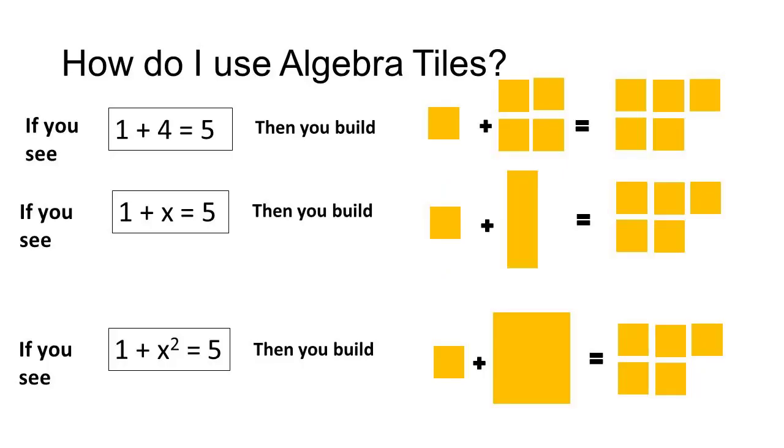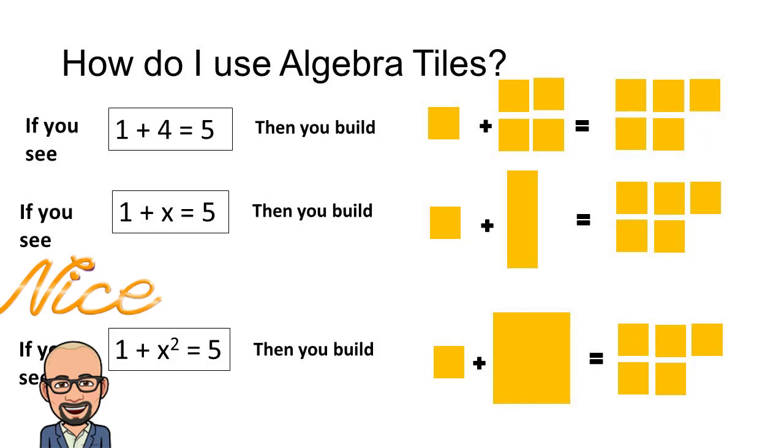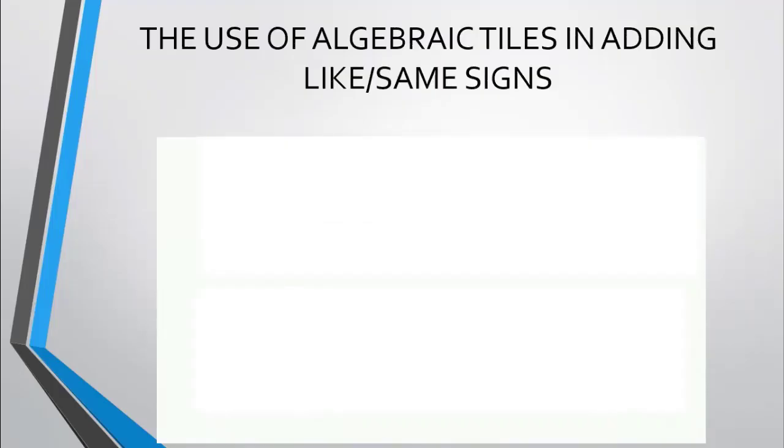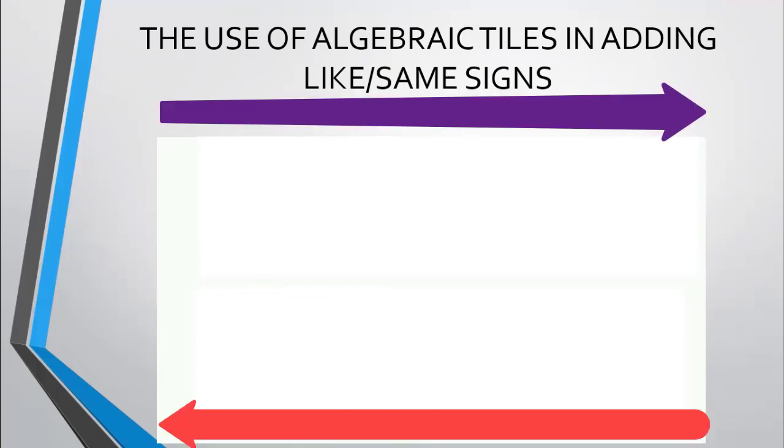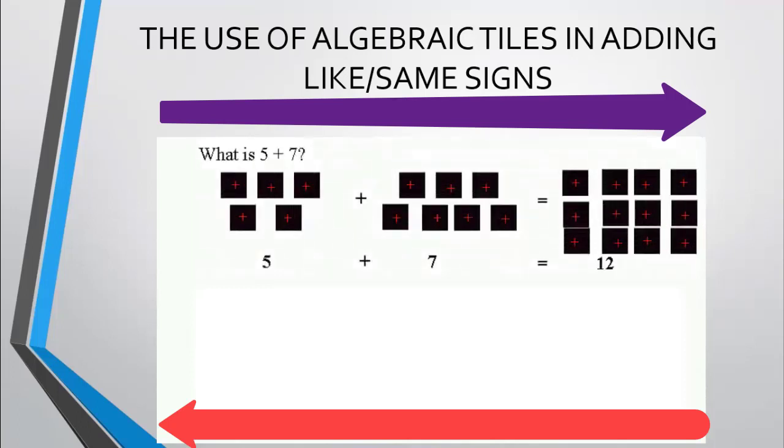Let's have our number 4 way of adding integers with the use of algebraic tiles. Let's have an example adding like or same signs using algebraic tiles. Positive 5 plus positive 7 equals positive 12.